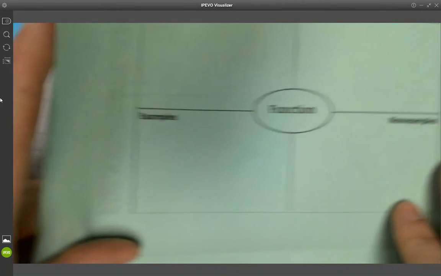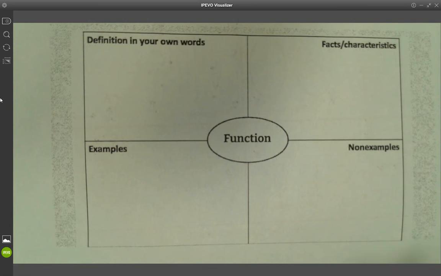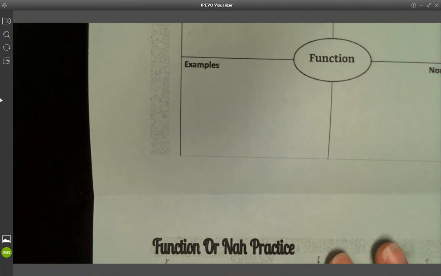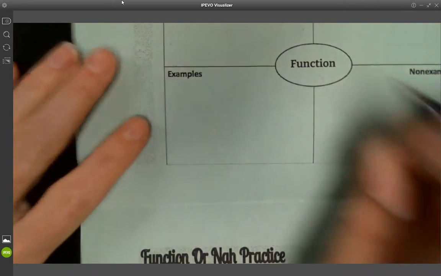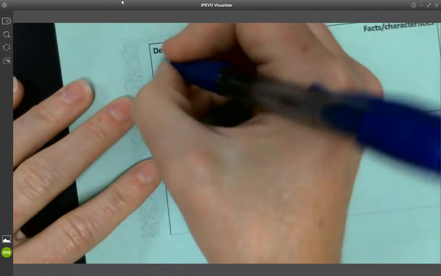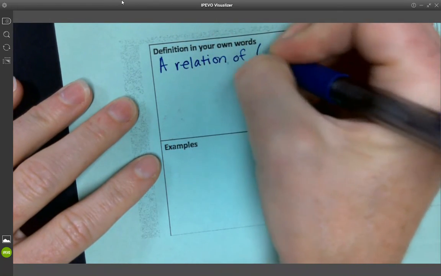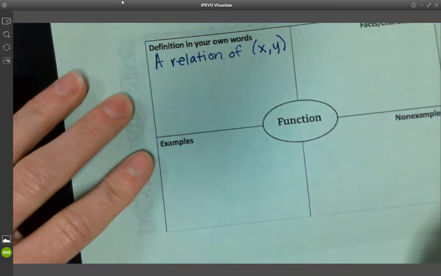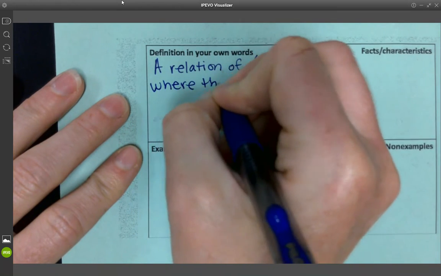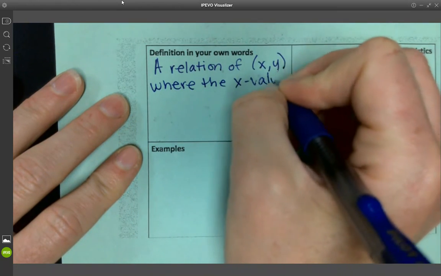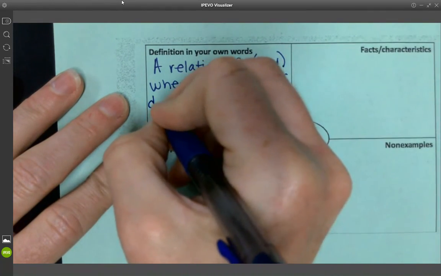All right, so we've talked about relations. Now we're going to talk about functions. So this is something y'all did last year, function or not. You have to determine whether it is a function or if it's not a function. So a function is a relation of xy where the x values do not repeat.